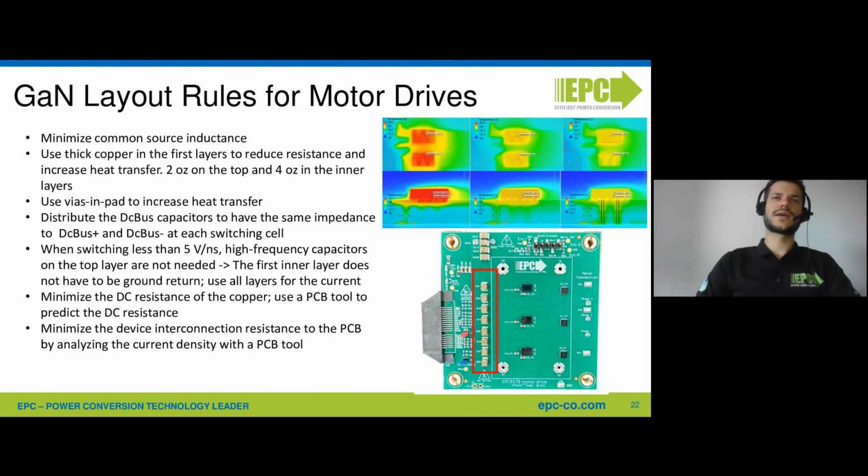And current crowding also contributes to developing hotspots, which in the long run may lead to failures, which is something that usually people want to avoid.